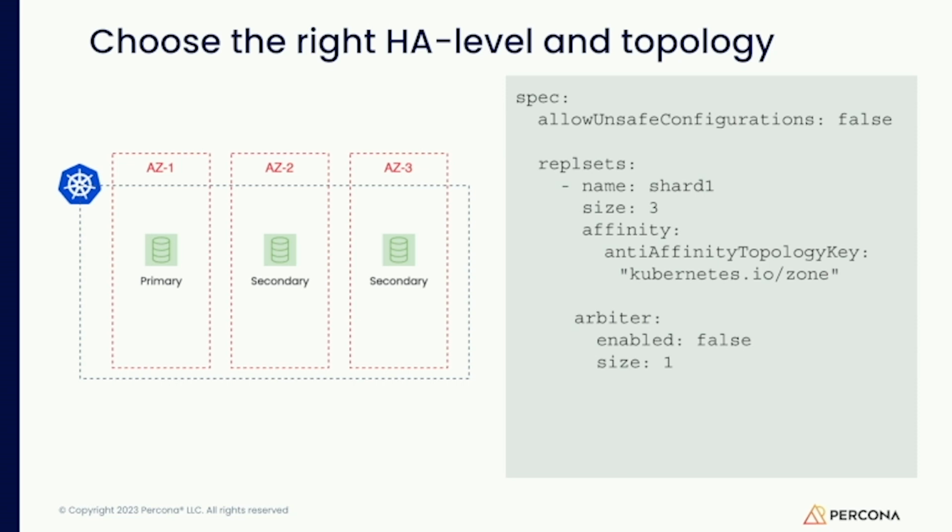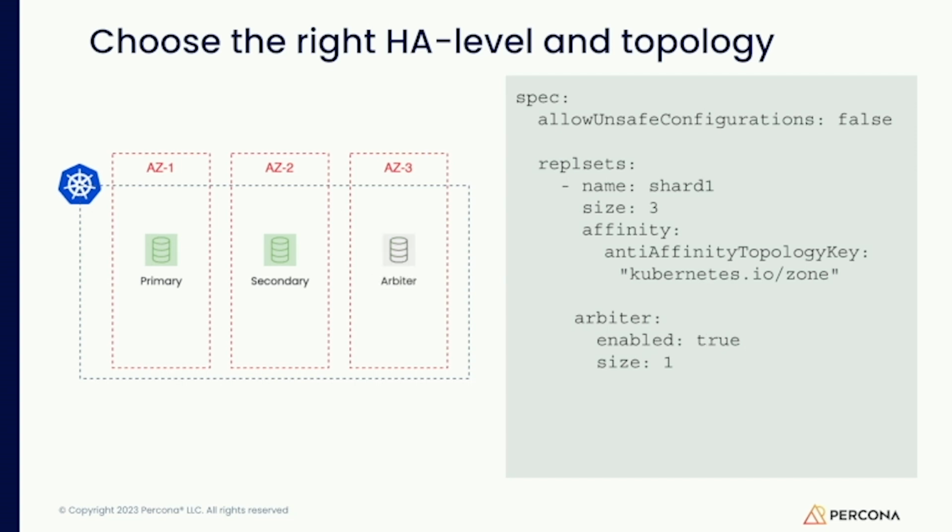But that's just a default, and this is achieved through anti-affinity. So here you see that I am using the label that is zone. So my worker nodes will have a label with the value of a name of availability zone, and pods within that group will never land on the worker node with the same value in the label.